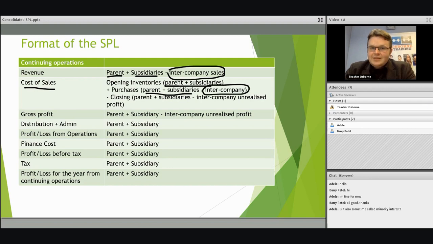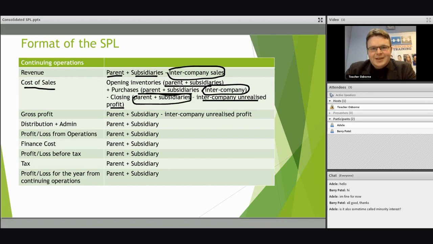But, as you can see here, once again, we need to get rid of intercompany purchases because it's not from outside that bubble. So you're just purchasing in the bubble. It's not technically a purchase. It's just a transfer, really. All right? And then, in the end, we have our closing inventory, so we add our parent and our subsidiary together, all right?